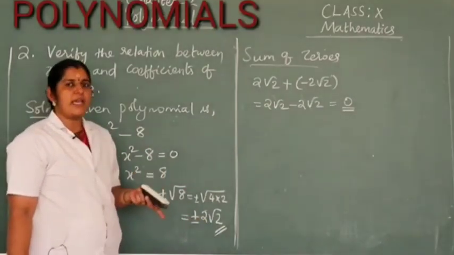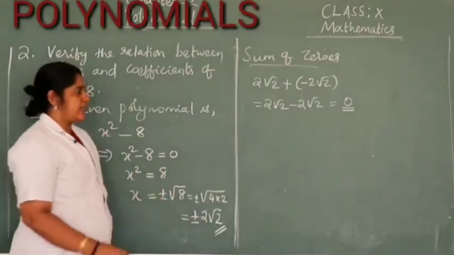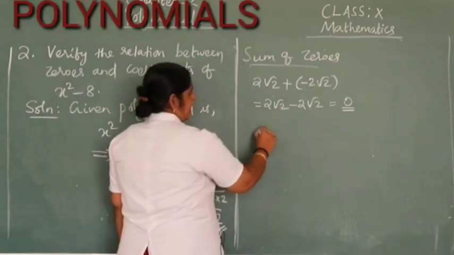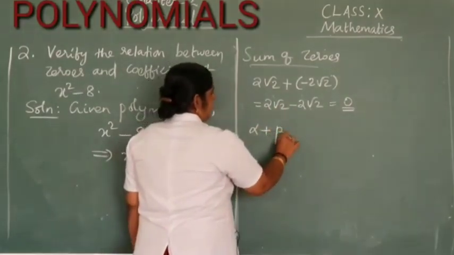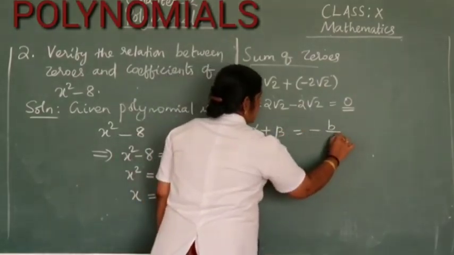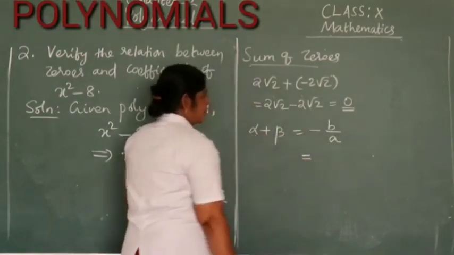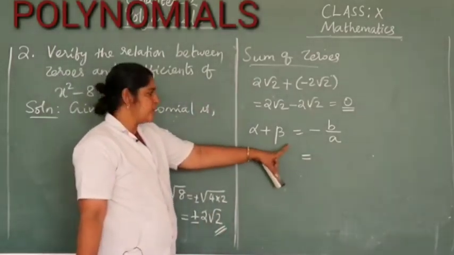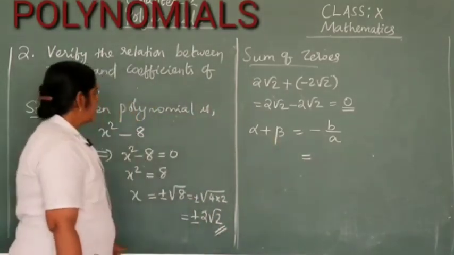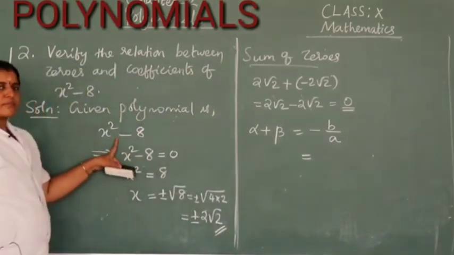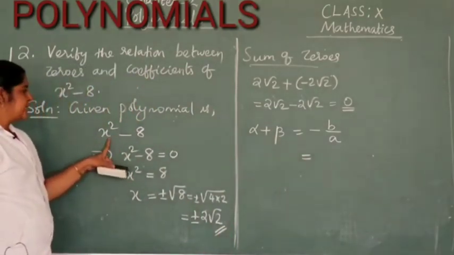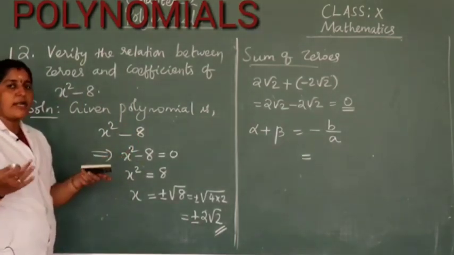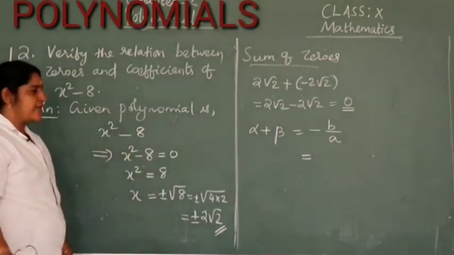Now to verify we are going to use the relation. So what is the relation we are having? When two roots are, we are taking alpha and beta, alpha plus beta equal to minus b by a. Now to verify the zeros using this relation, you see here our polynomial is x square minus 8. So now you want to find out what are those coefficients a, b and c.